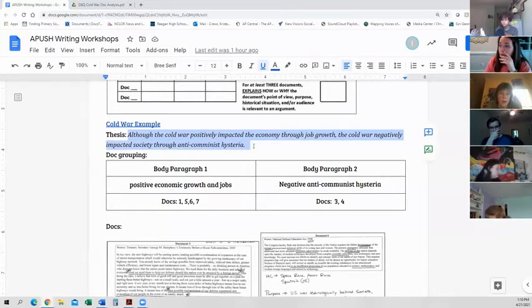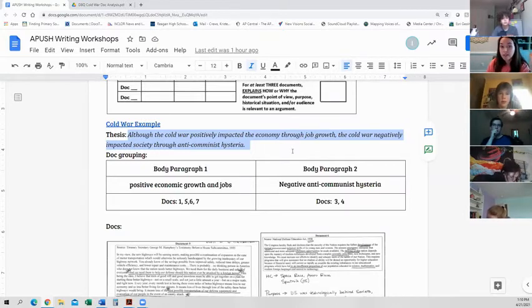Although the Cold War positively impacted the economy through job growth, the Cold War negatively impacted society through anti-communist hysteria, okay? I think you could use this to earn the complexity point, because you're looking at the extent to which the Cold War impacted the United States.